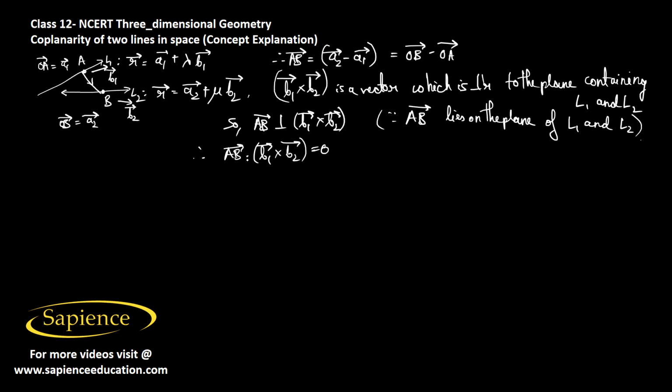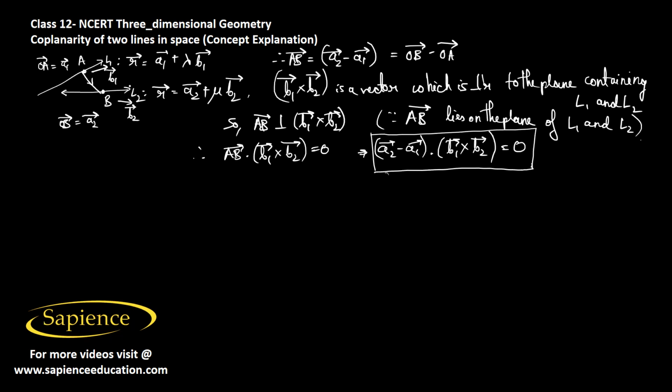It means the scalar triple product of the vectors AB, b1 and b2 should be 0. It means that (a2 vector minus a1 vector) dot b1 cross b2 should be equal to 0. So this is the required condition for two lines to be coplanar.